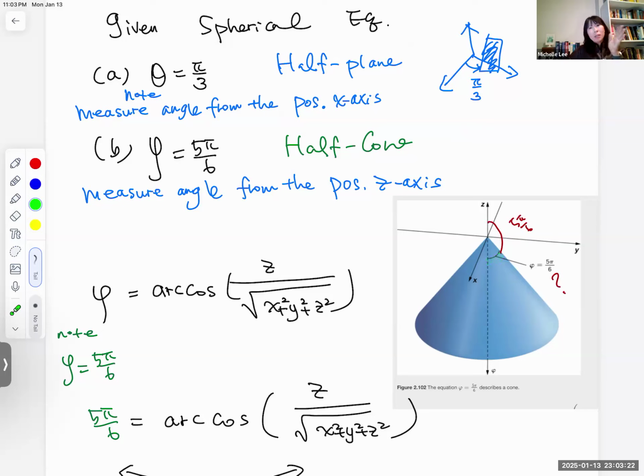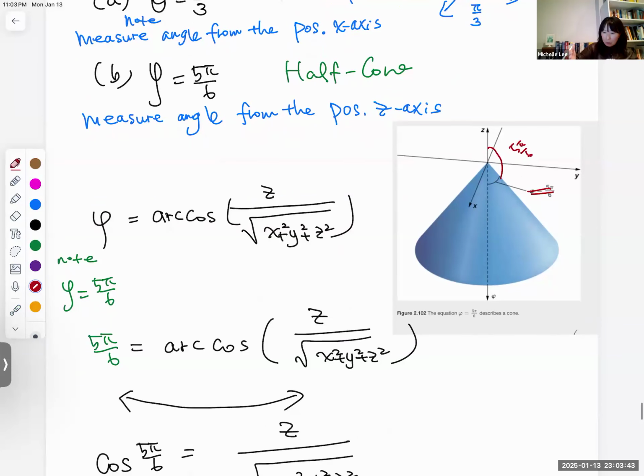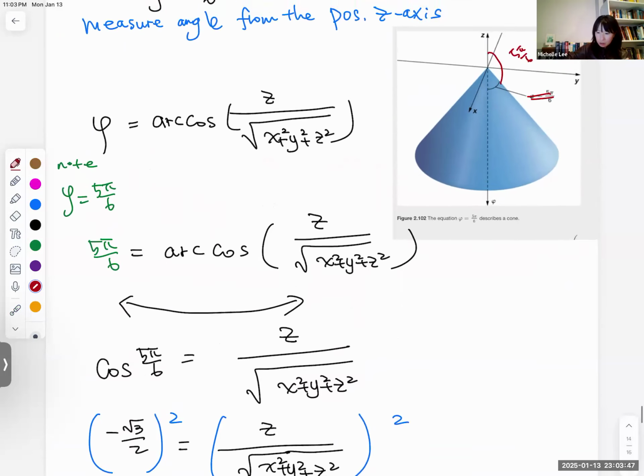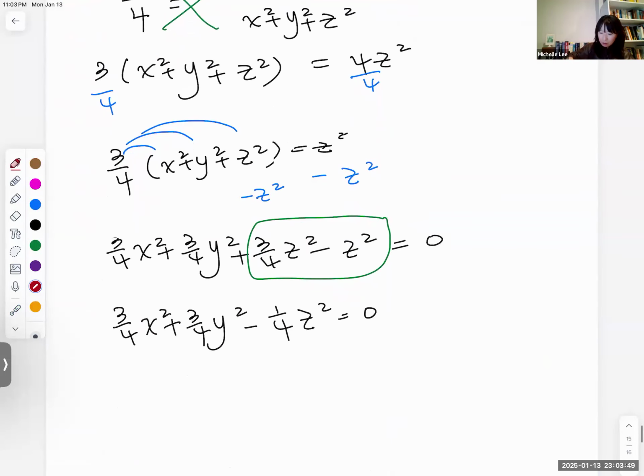So it looks like they measure from the negative z-axis, yeah? So this is the one, right? So what do you think? Yeah. Okay. So only the half cone, right?